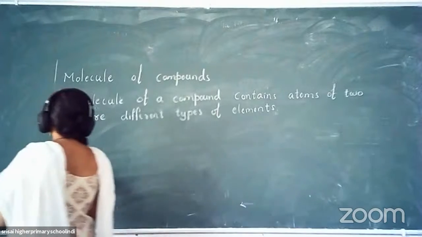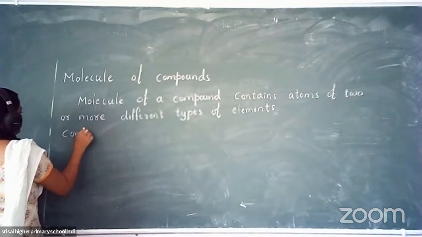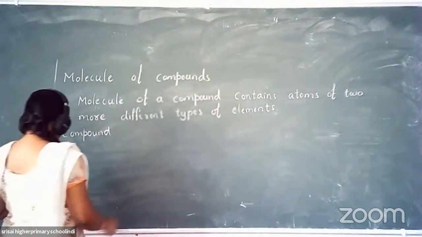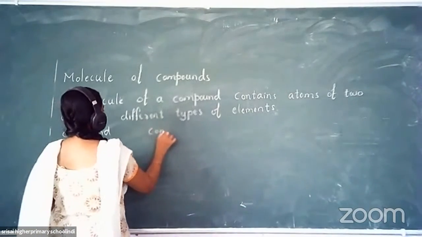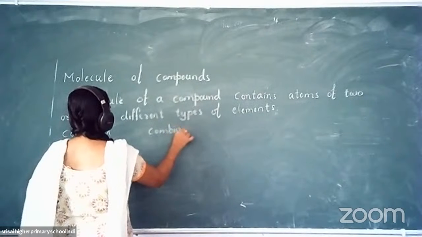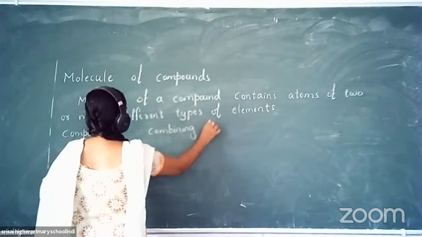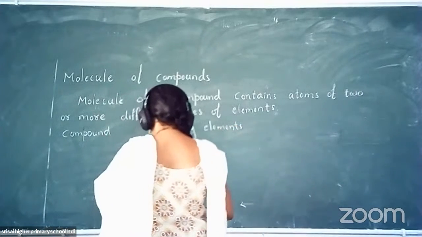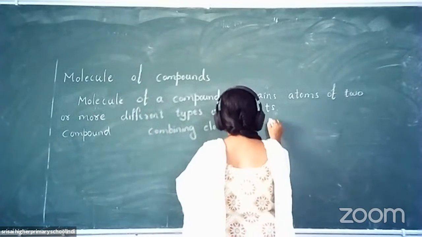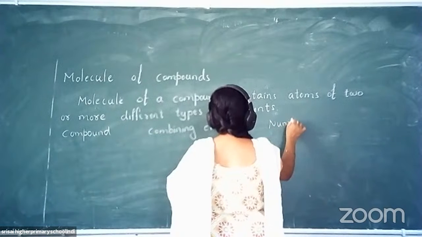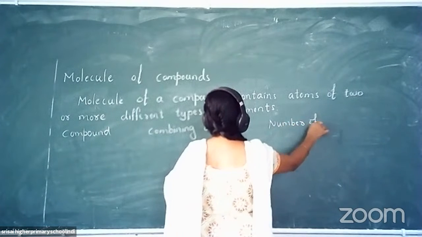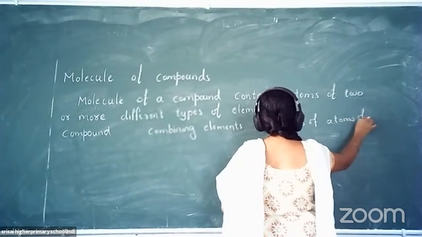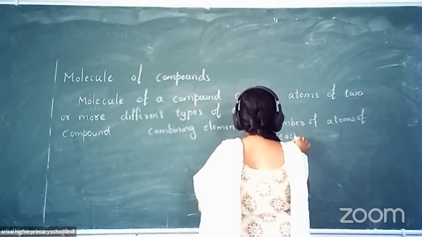So now write, your first column is compound and next will be combining element, and then number of atoms of each element.